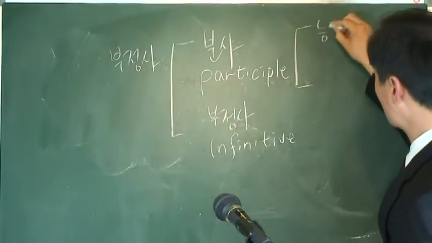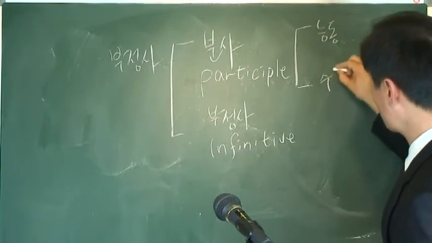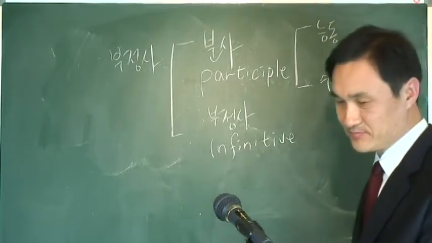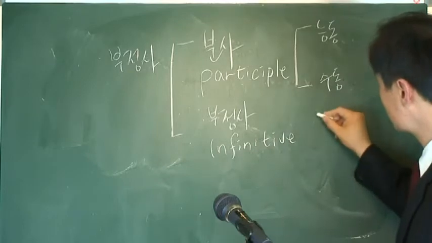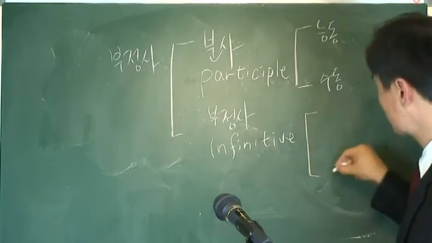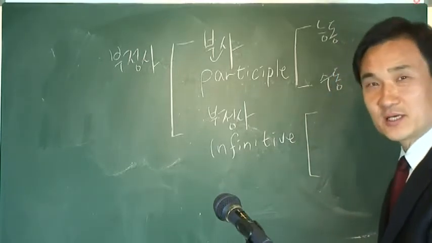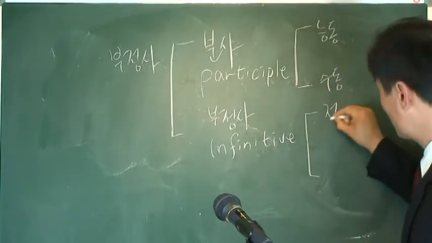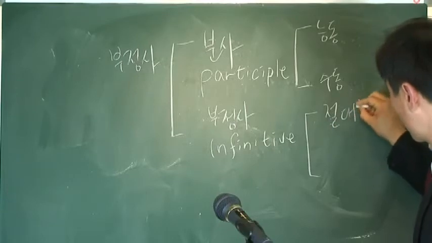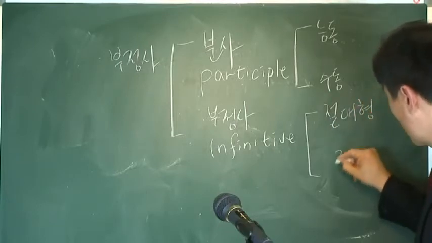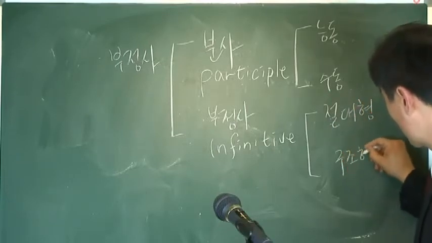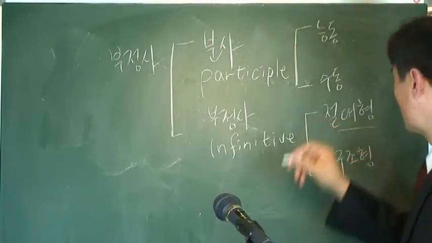The participle is also separated into two: the active participle and the passive participle. The infinitive is separated into the absolute state and the construct state.